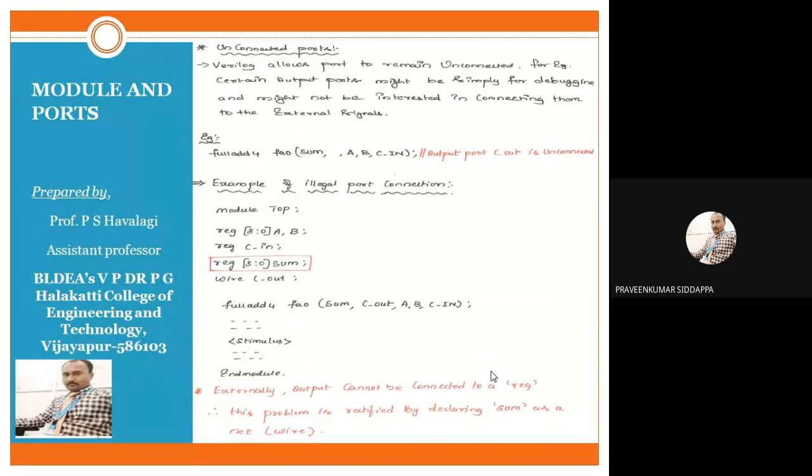Verilog allows ports to remain unconnected. For example, certain output ports might be simply for debugging and we might not be interested in connecting them to external signals. Check it. That should be called unconnected. We have given one example.